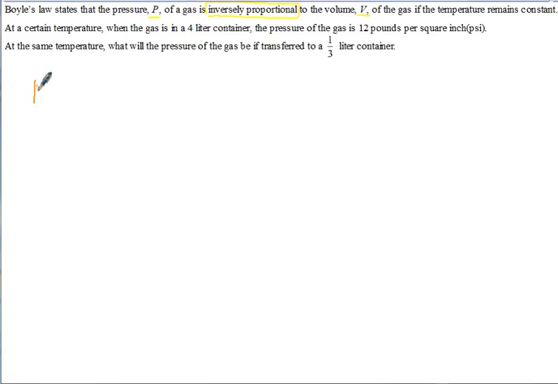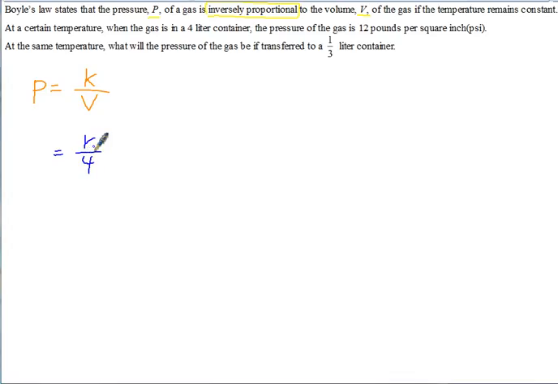So the pressure P is inversely proportional, so it'd be K over the volume. And it says at a certain temperature, when the gas is in a 4-liter container, so the volume is 4.